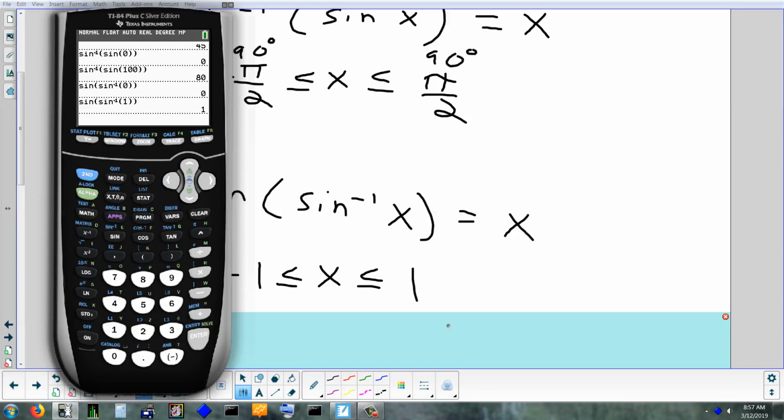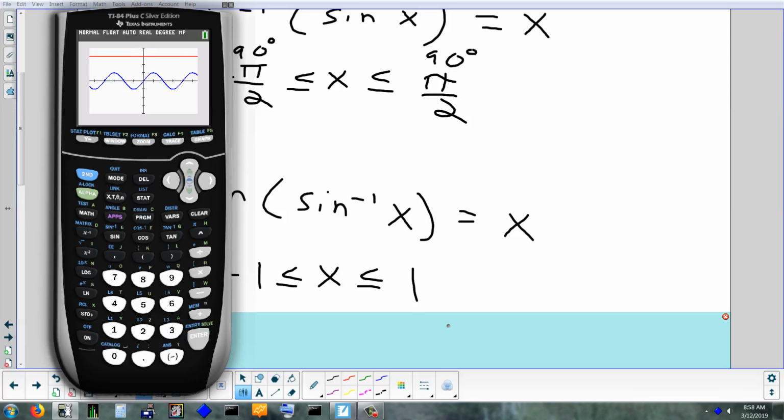Somebody give me a number that wouldn't work. 3. Let's try 3. By typing in 3, before I hit enter, if you want to think about this problem visually, you're basically trying to make me find where that blue curve and red line cross. Where do they cross?